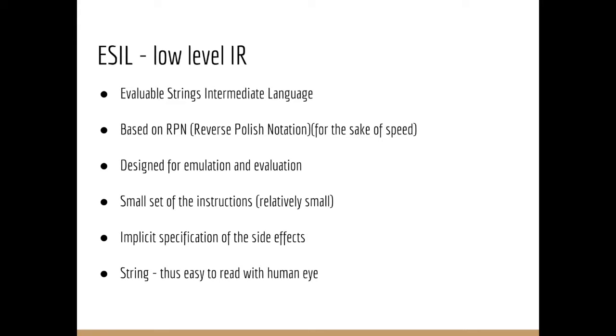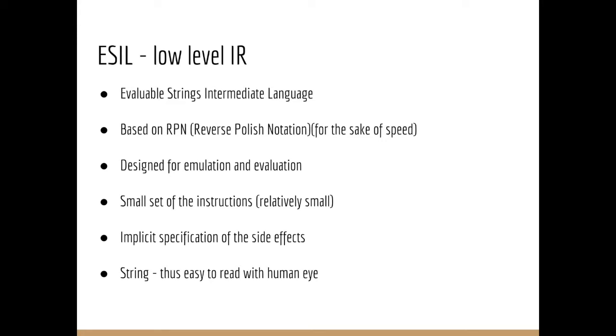It is a small set of instructions, and you need to specify the side effects for each instruction. So it is useful for emulation, but it makes your analysis more complex.